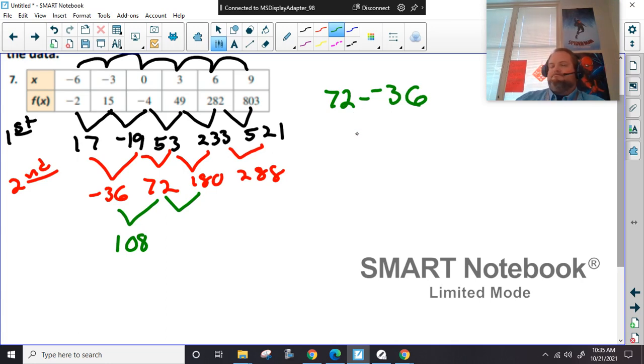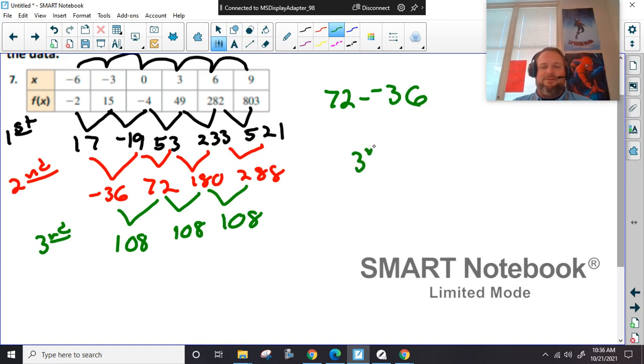From here to here, this is actually 108. And believe it or not, this is actually 108. So it's the same thing all the way through. So this is actually a third degree.